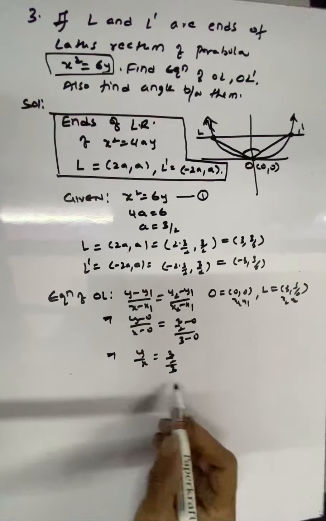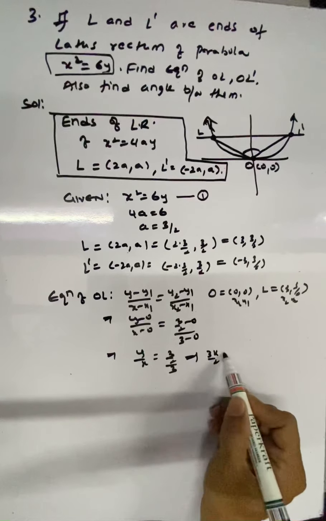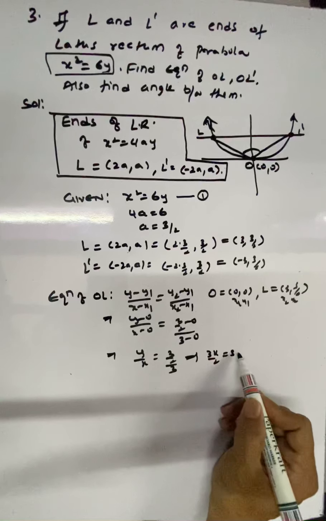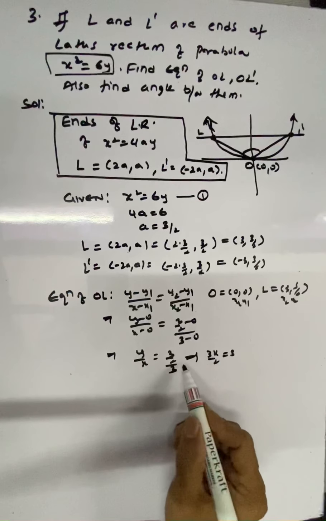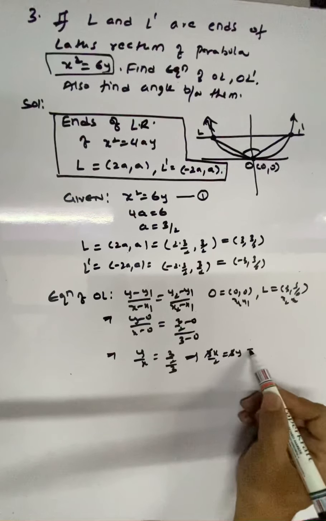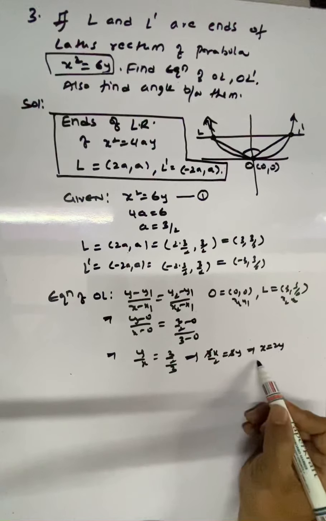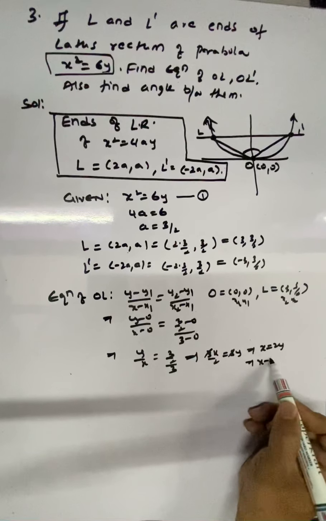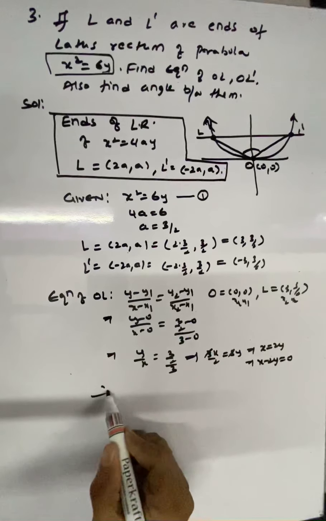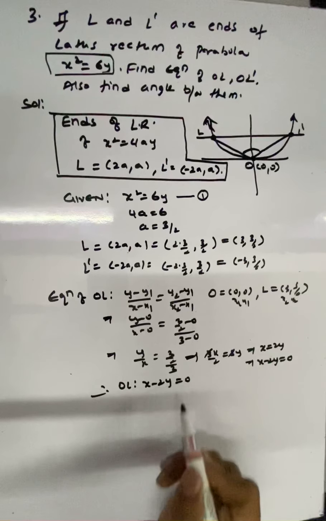If we cross multiply this one, 3x by 2 equals 3y. 3 cancelled. This implies x is equal to 2y, or x minus 2y equal to 0. Therefore, the OL equation is x minus 2y equals 0.